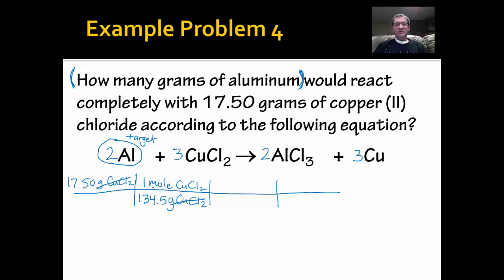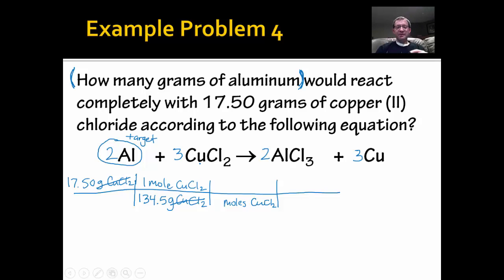As usual, when we're doing conversions, whatever units you have in your box on the top here, in this case moles of copper chloride, that unit will come down and to the right. So I'll bring that down, moles of copper chloride. And again, that was my given substance that I started the problem with.